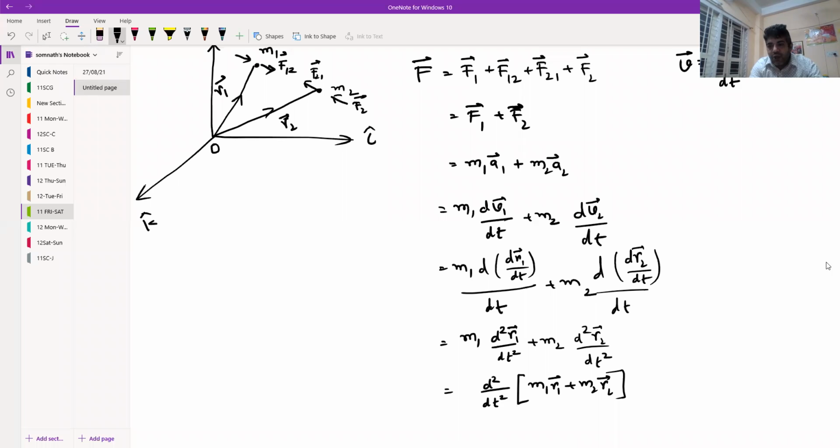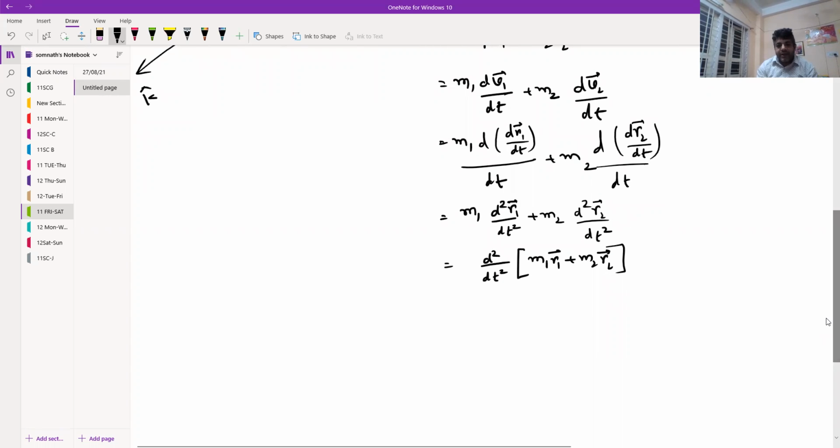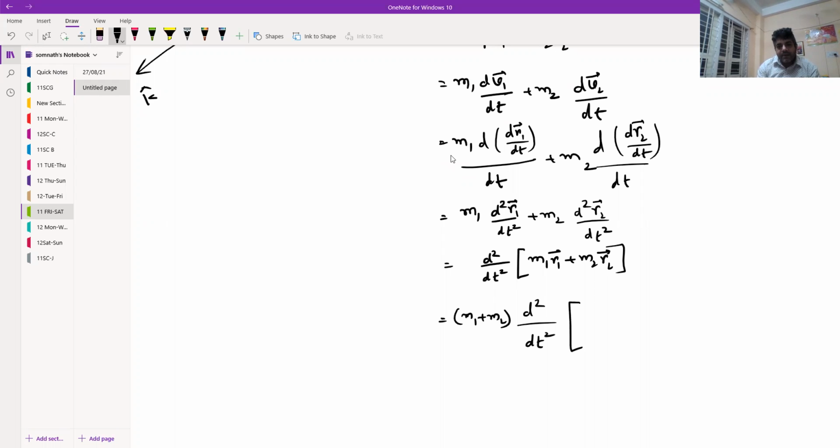Yes, sir. So once you differentiate this, I can arrange it as m1 plus m2 times d square by dt square of m1 r1 plus m2 r2 by m1 plus m2.